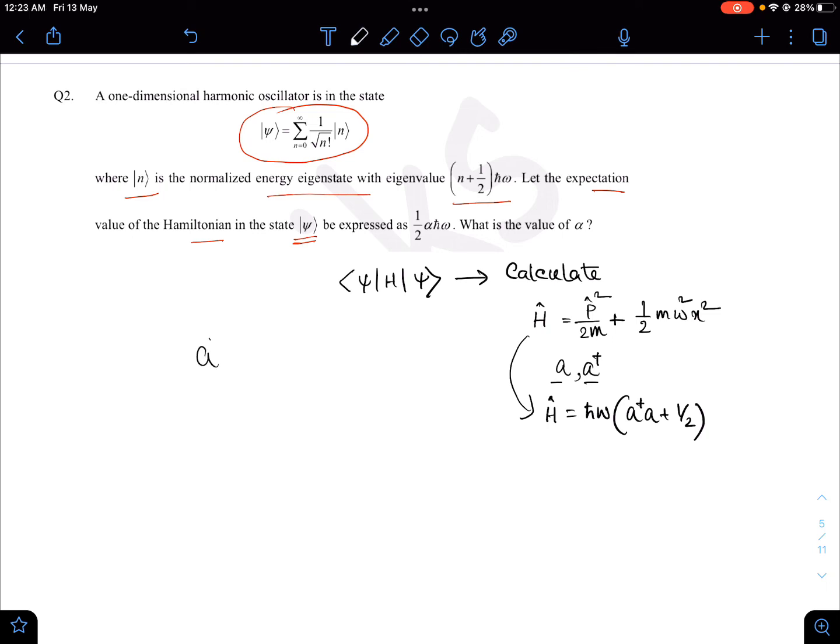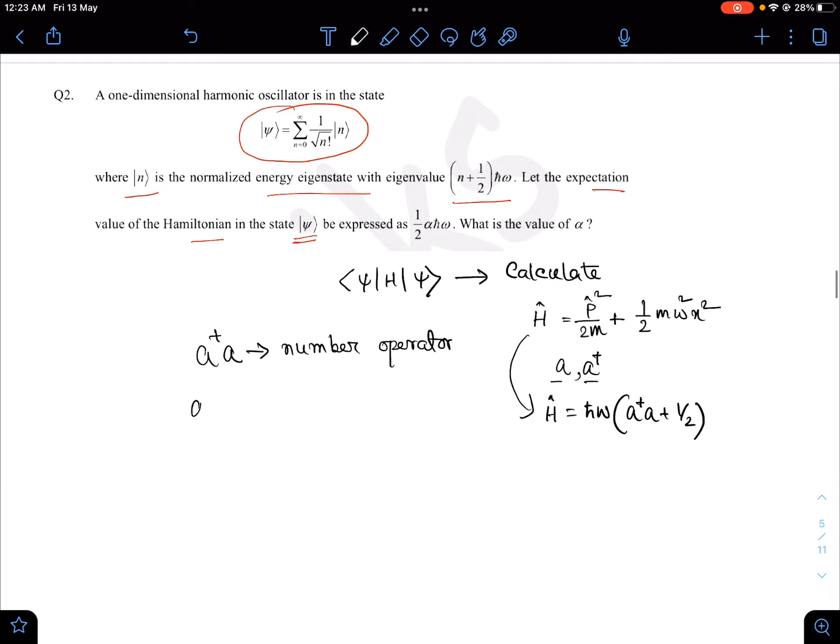Now, what is this a dagger a operator called? This is called the number operator. Why number operator? Because if we apply this to a state |n>, first the lowering operation is done, so we have root n, and it lowers the state n to n minus 1. Now again, if we apply the raising operator, we have another root n and it raises back to n.